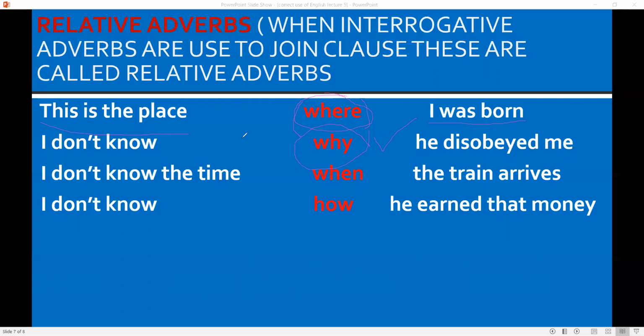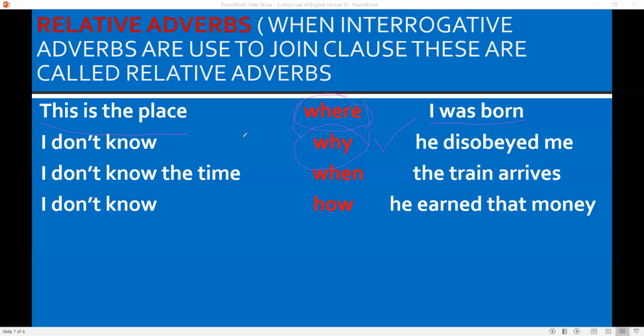It depends upon the function of the word, what function a word is performing in a sentence. If this word is used to ask a question, it will be interrogative. If it is used to join two clauses, it will be relative. Mark this difference. To ask a question, interrogative.